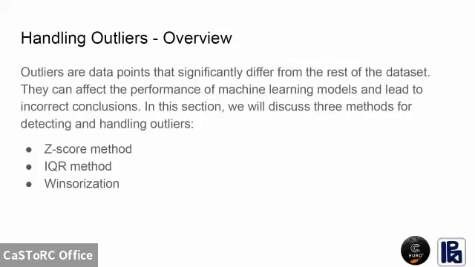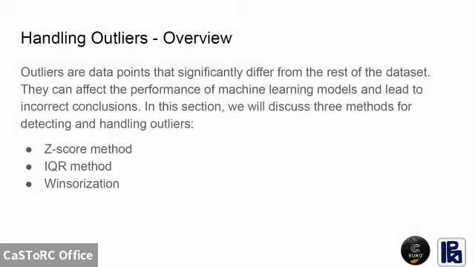Depending on your model, of course, these outliers can have a significant effect on the performance of your machine learning models, and can also lead to incorrect conclusions for your entire data. So very few outlier values can have a significant impact on the entire data. We are also going to discuss three methods to detect and handle the outliers.